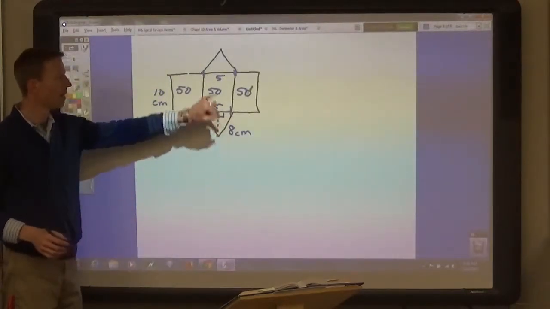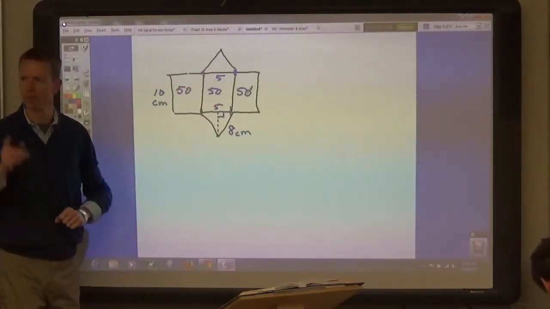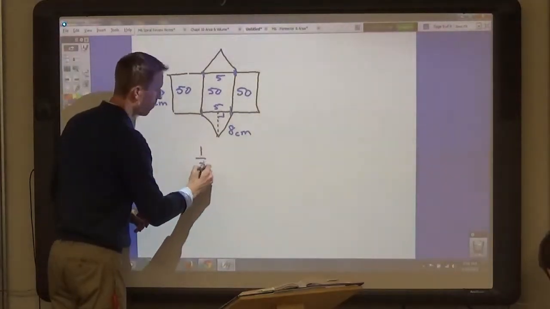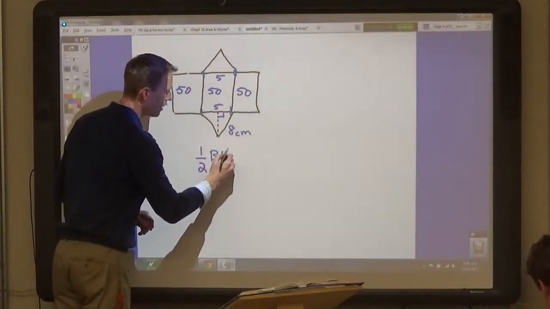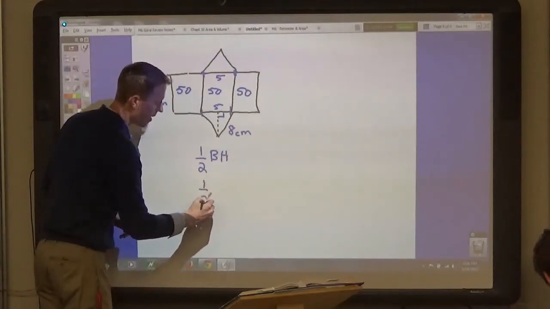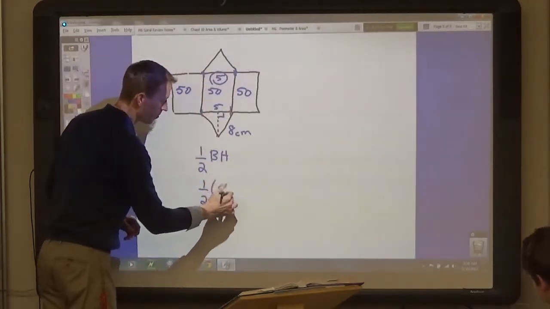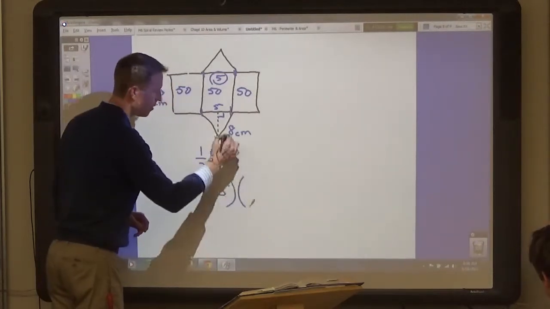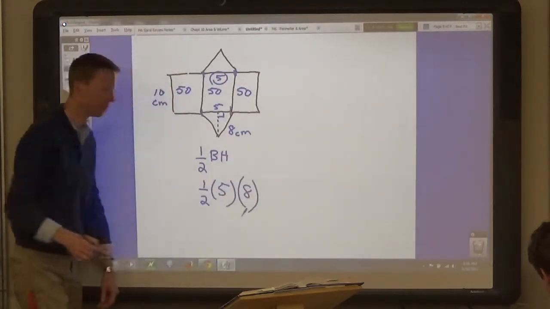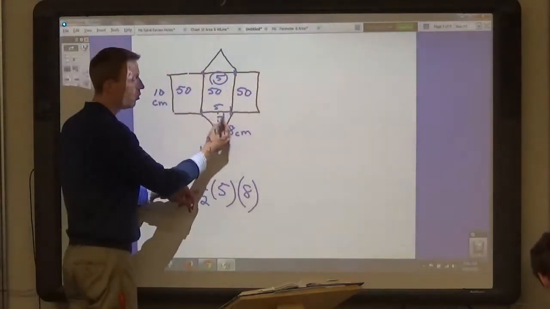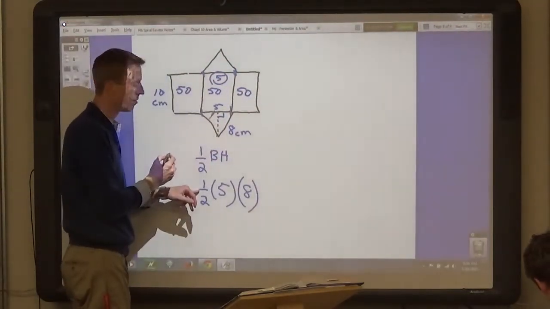How would you find the area of each triangle? Troy? 5 times 8 times a half. All right, 1/2 times the base times the height. So 1/2 times the base, which is 5, times the height, which is 8. Then you'd have to multiply that by 2 because there's 2 triangles.